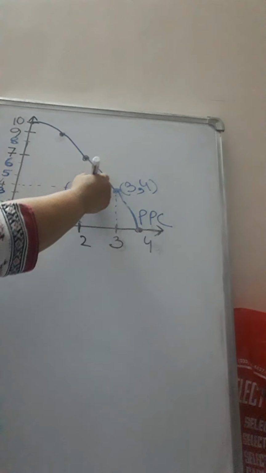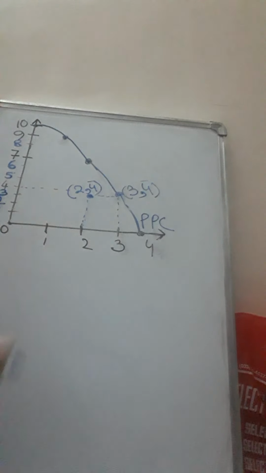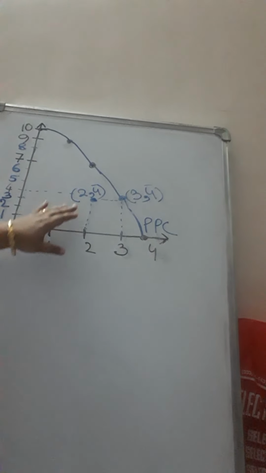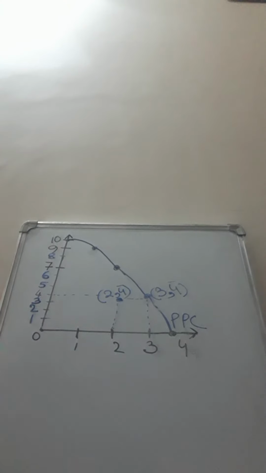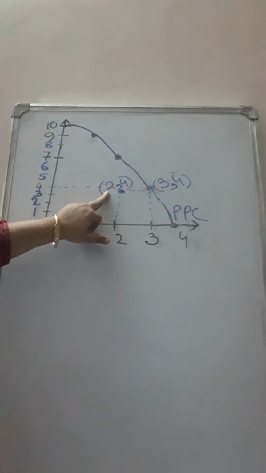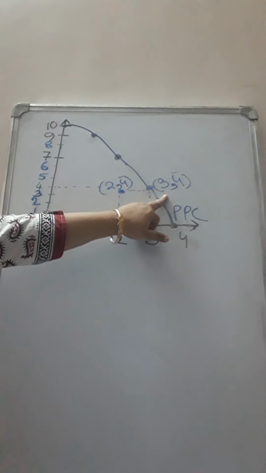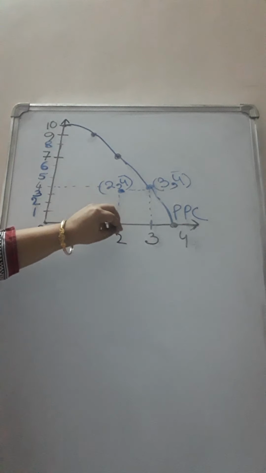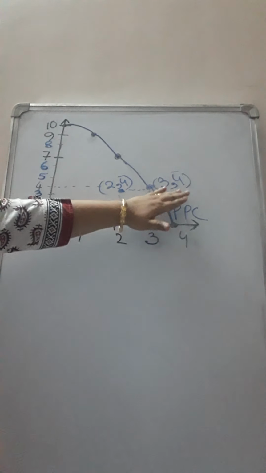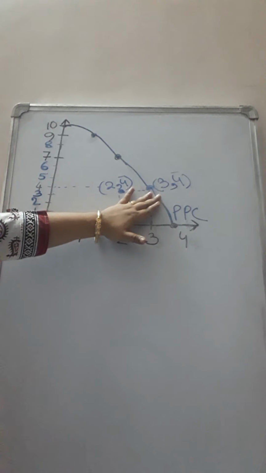And now where is the economy deciding to produce? 2X and 4Y. So in both these points, Y is the same, but X is less. The X commodity is produced less than how much it is possible. With the resources or labor, 4 units of Y can be achieved when 3 units of X are produced.